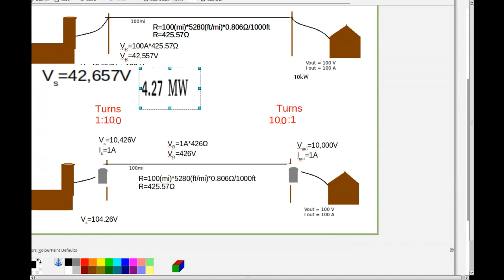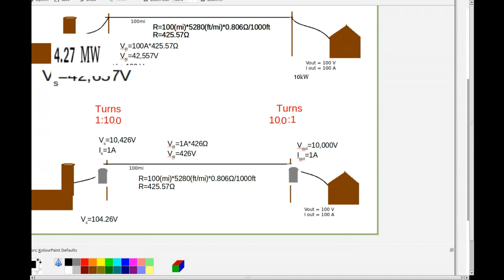They would have to be over here generating 4.27 megawatts to get me 10,000 watts at my house.